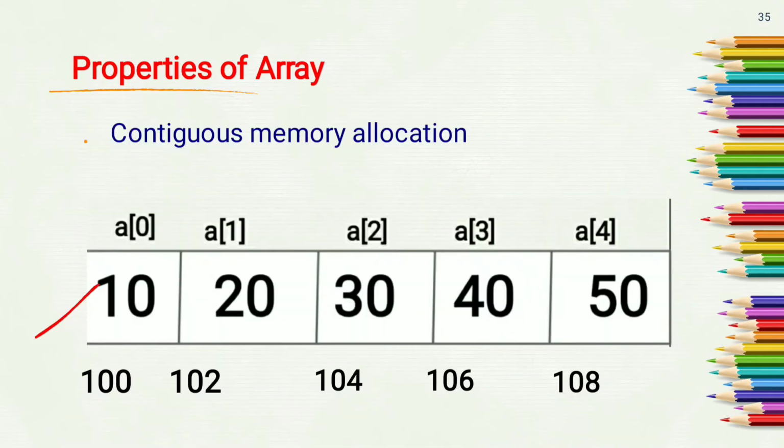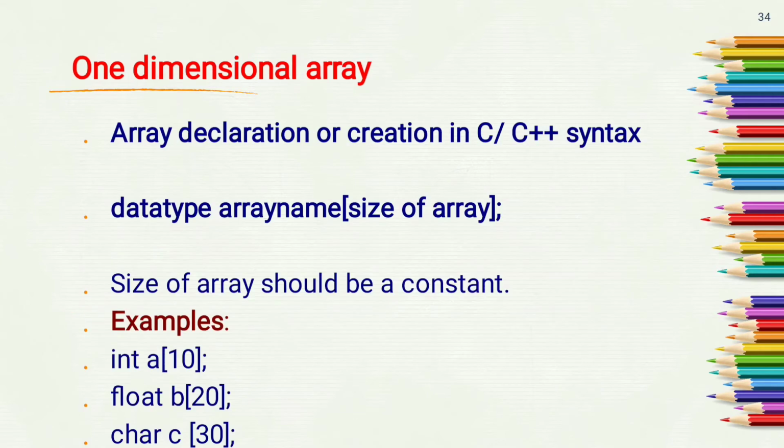To explain the properties of array, here I am taking a one dimensional array. That means we are first studying the one dimensional array. The syntax for declaring an array in C or C++ is: first we write the data type, then the name of the array, and in square brackets we specify the size of the array. The size of the array should be a constant.